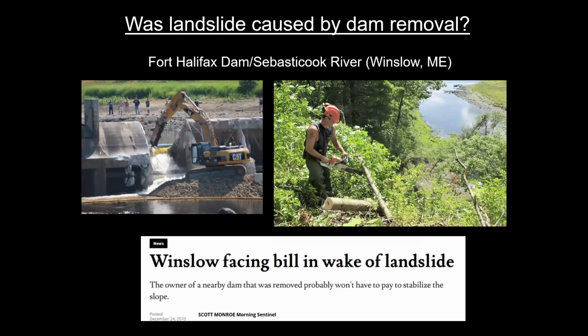The town was linking it to the dam removal. The dam owners were linking it to heavy rains and a small earthquake that occurred about the same time. So it's really a hard one to unravel, but it's something you need to be thinking about and concerned with.